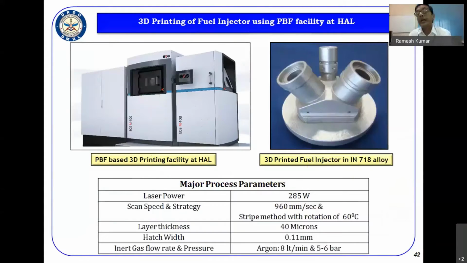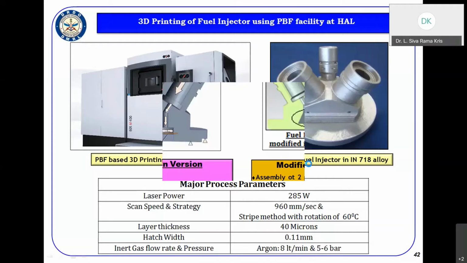Again, the audio is scattering, sir. The voice is breaking and lagging. Hello, hello, we are unable to hear the audio. Shall I repeat the previous slide?